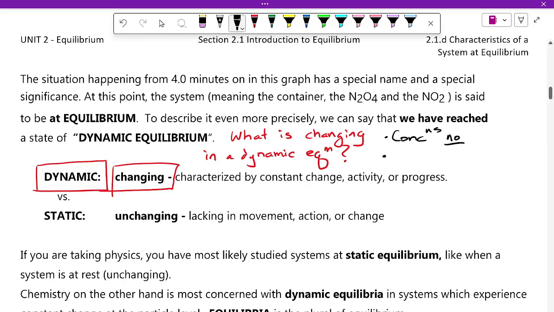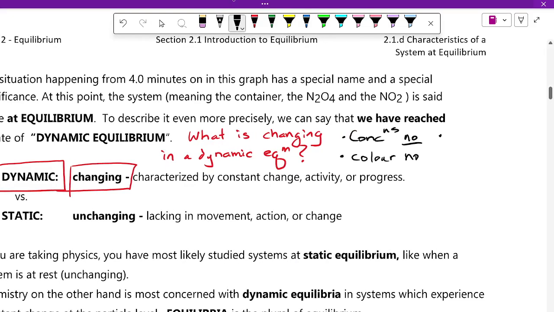Is it color? Whoops, I can't spell color. Is it color? This is at dynamic equilibrium. Is it color that is changing? No. Is it rates that are changing? No, because they're equal, right?